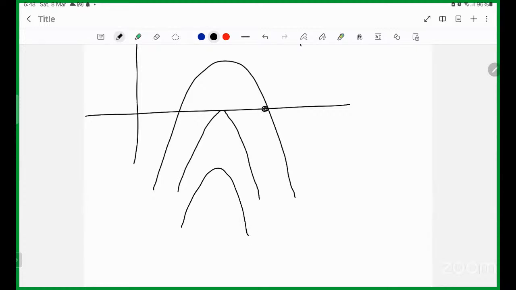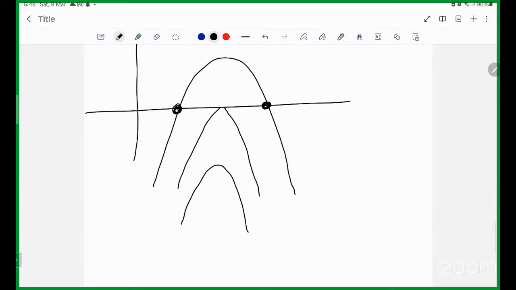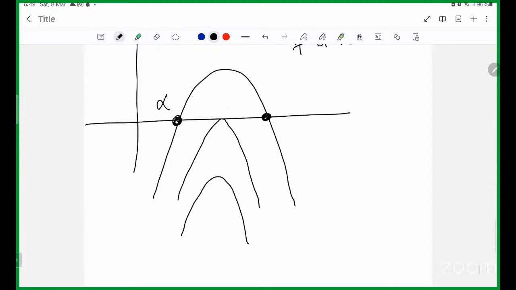So either the graph touches two different points, alpha and beta. Here touches only at one point, therefore alpha equal to beta, or no real roots or imaginary roots. So in this case, d will be greater than 0. Here d will be equal to 0, or d will be less than 0.